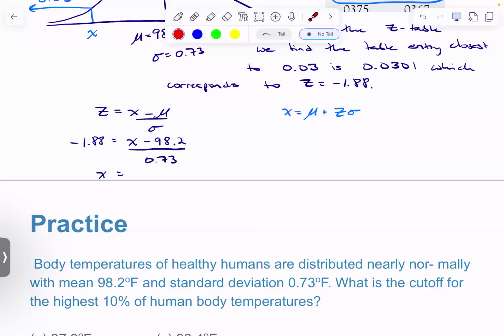Negative 1.88 times 0.73, do it carefully, plus 98.2, I get 96.8276. I don't want to see any rounding. It's not necessary.